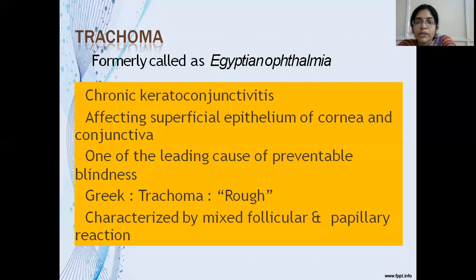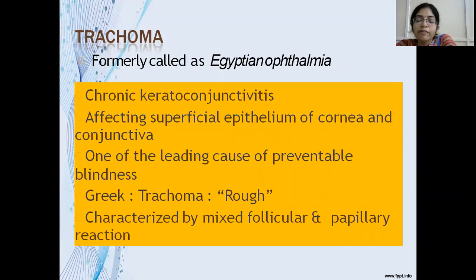In Greek, the word trachoma itself means rough. Because of the disease trachoma, the conjunctiva and the cornea are affected, which disturbs the very smooth surface of the conjunctiva and the cornea, giving it a rough surface. So this trachoma has both a follicular response as well as a papillary response.